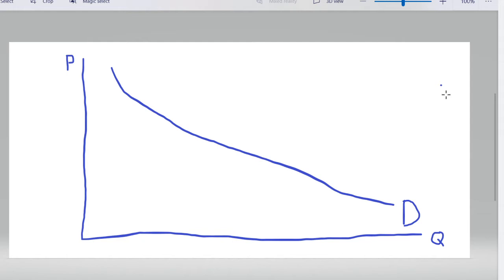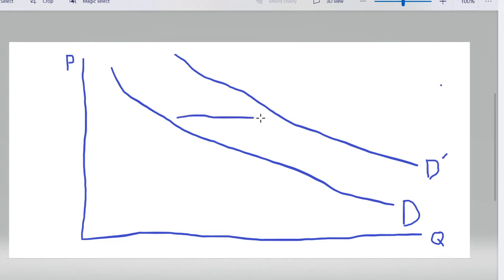And so the convention in economics has been, instead of drawing these different dimensions, we'll put price and quantity on a piece of paper and then describe all the other dimensions by a shift in the demand curve from D to D prime. This is called a rightward shift of the demand curve.